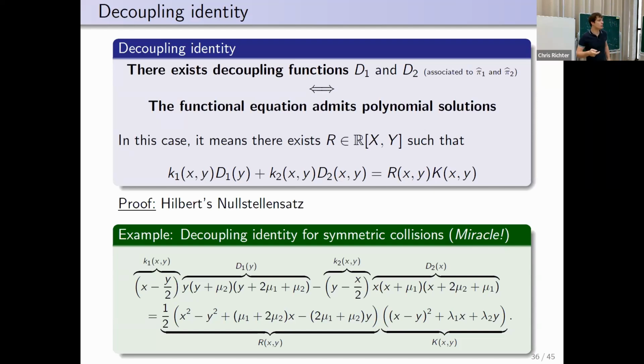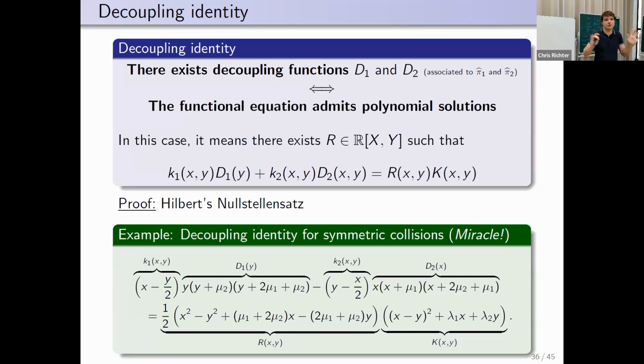So to give you an example, for the symmetric collision case, in fact, we do not need all this theory. You can just remark that you have this decoupling identity. And so here is K1, D1, K2. And so you just have to verify this. If you find it, of course, you have to find it. But if you find this equation, you do not need the theory before, okay?